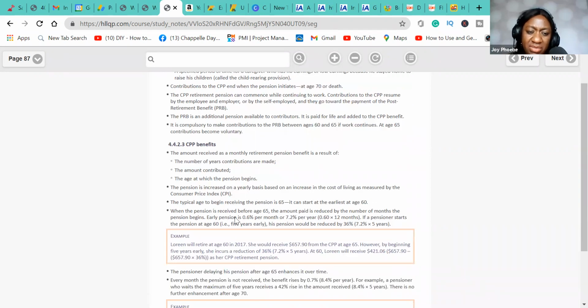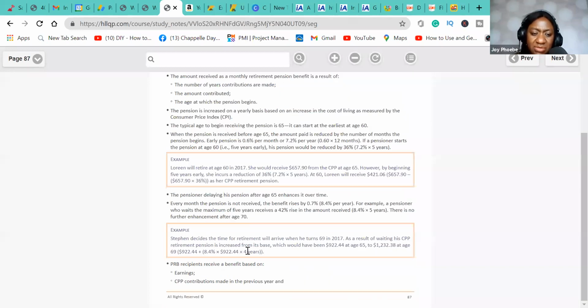It depends on the amount you contributed and the age at which the pension begins, and the pension increases on a yearly basis based on the increase in the cost of living. So that is that on CPP, and the examples are right there. I'd like us to take these two examples. Lorraine will retire at age 60 in 2017.